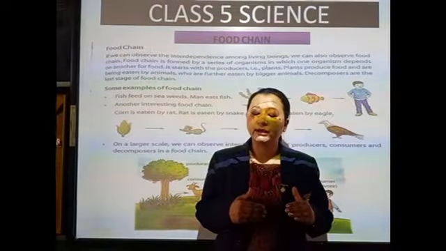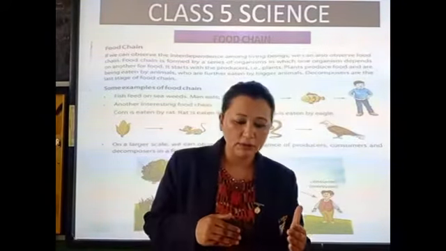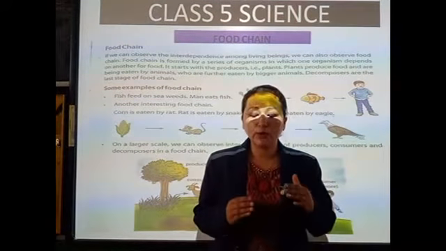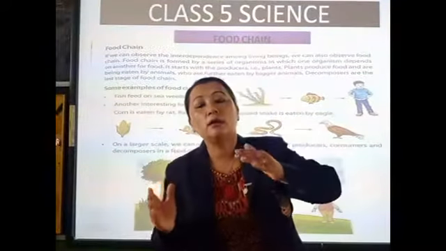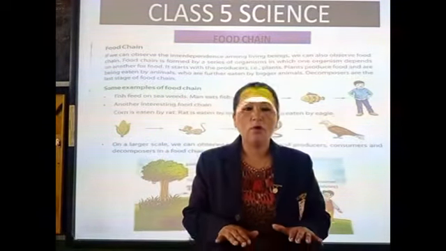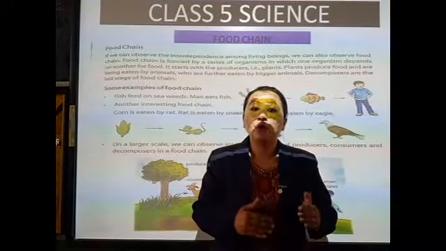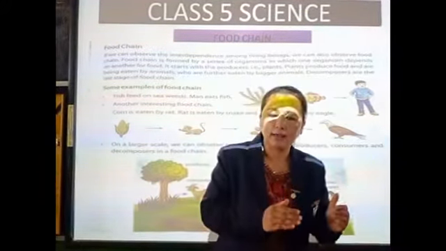So, food chain is formed by a series of organisms in which one organism depends on another for food, or how food passes from one organism to another.